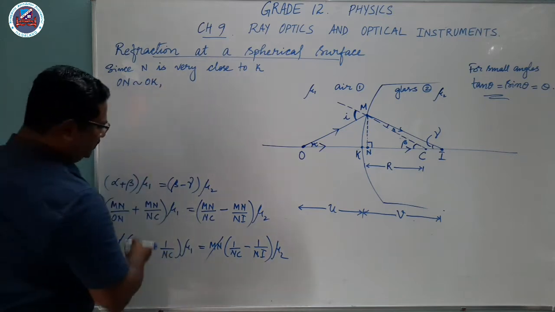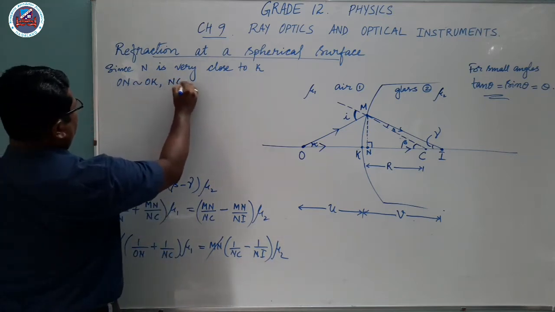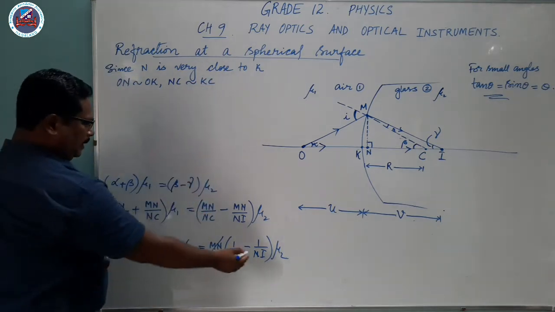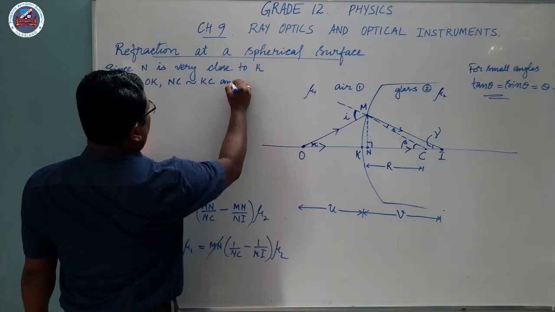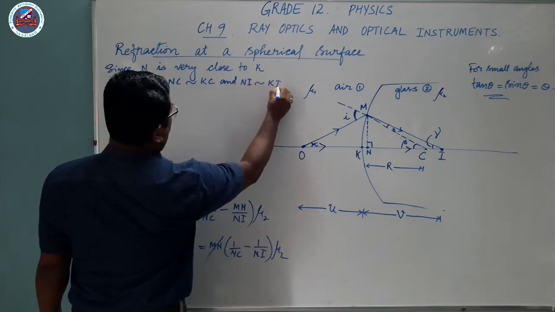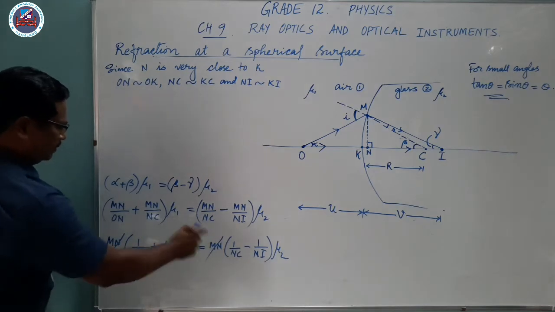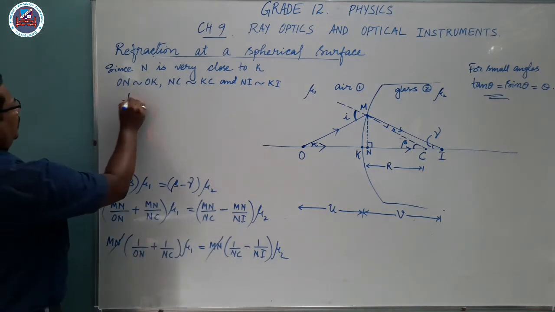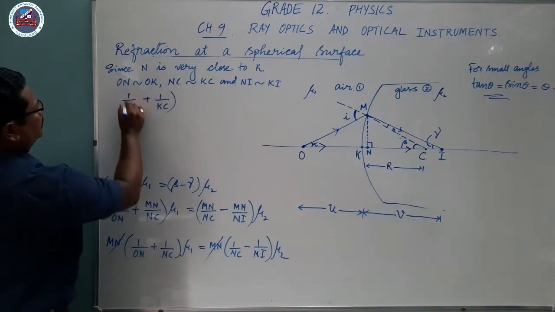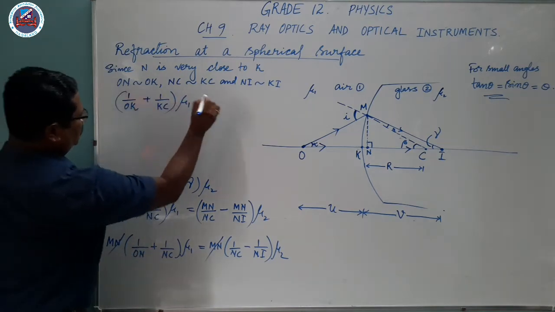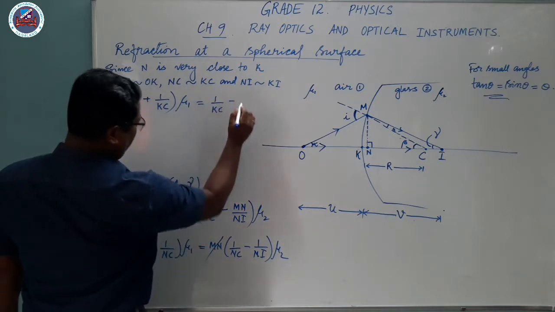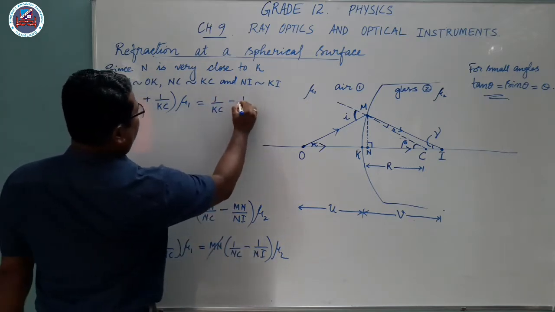Then NC is nearly equal to KC, and NI is nearly equal to KI. So substituting, 1 by OK plus 1 by Kc, mu1 is equal to 1 by Kc minus 1 by Ki, mu2.